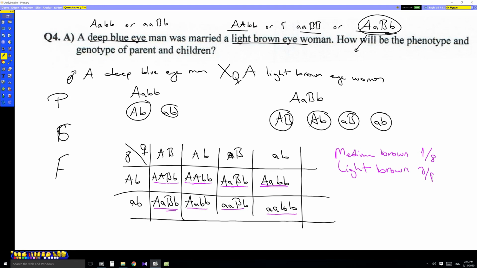And deep blue, 1, 2, and 3, deep blue 3/8, and 1 light blue eye offspring is procreated in this crossing between two organisms.